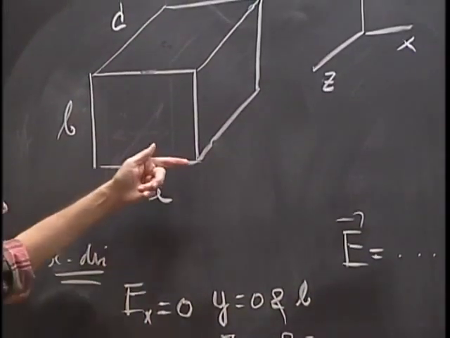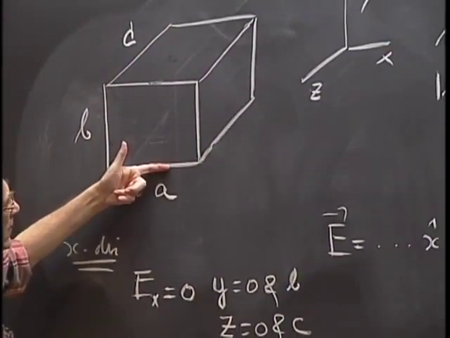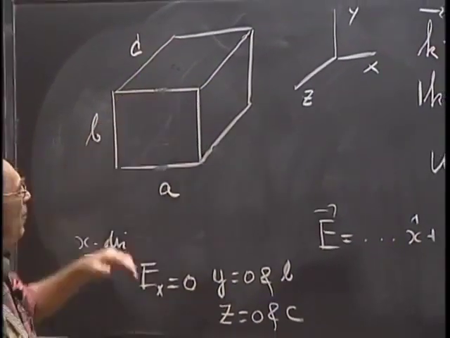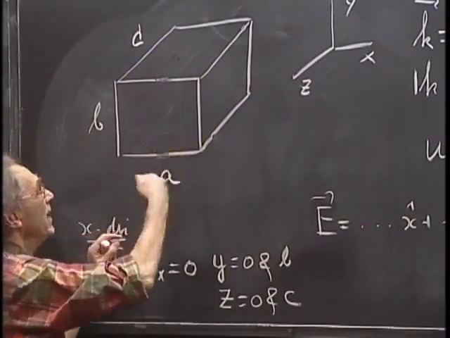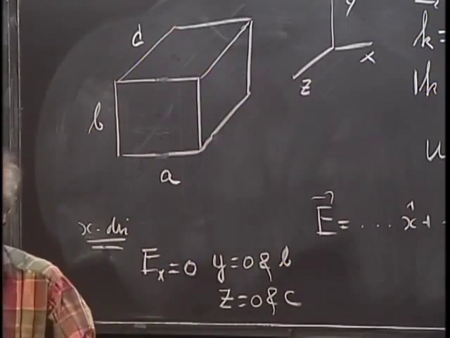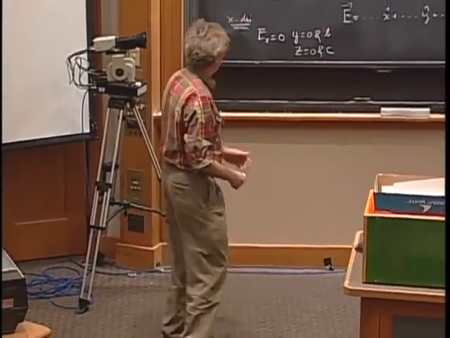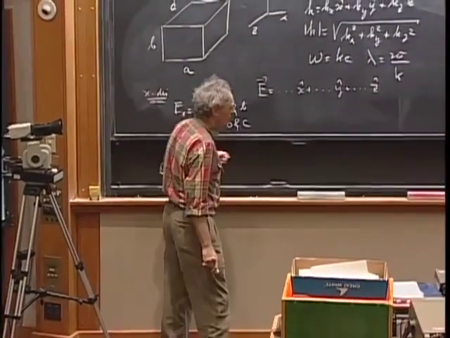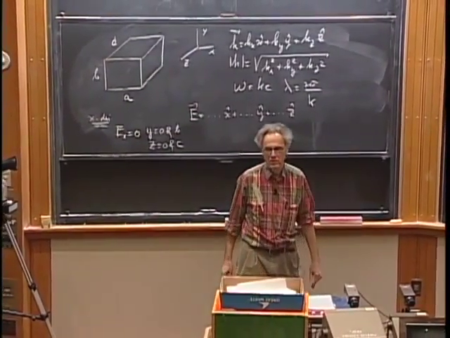Because if the E vector is like this, it must be 0 not only on the bottom plate and on the top plate, but it must also be 0 in the front plate, which is this plate, and in the back plate, because it cannot have any E vector in that surface either. So the Ex alone must meet now 4 special boundary conditions.